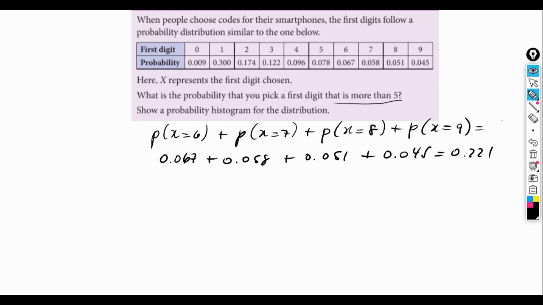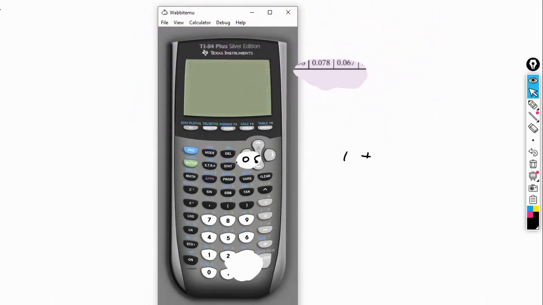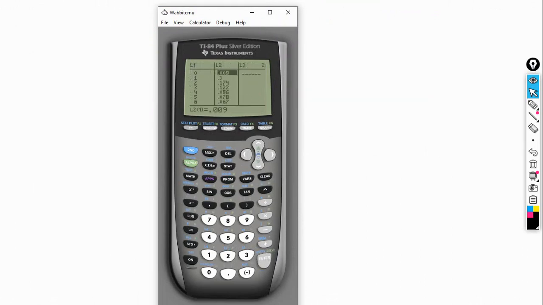For this part, we're going to use the GDC. So this is simply going to be a histogram. We go to Stats, Edit, and then notice that I've already entered the values in list 1 for the first digits from 0 to 9, and then in list 2, the probability for each digit.